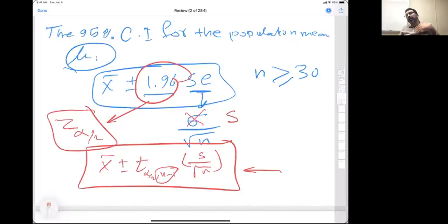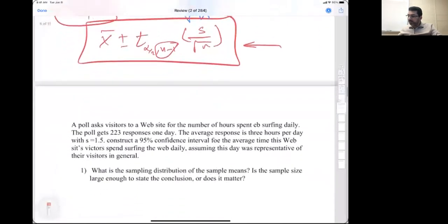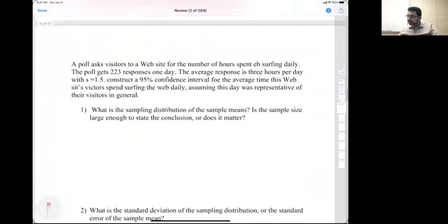So if you have 30 observations or more, the curve of the T distribution is approximately similar to the normal distribution. Okay, let us apply this here.